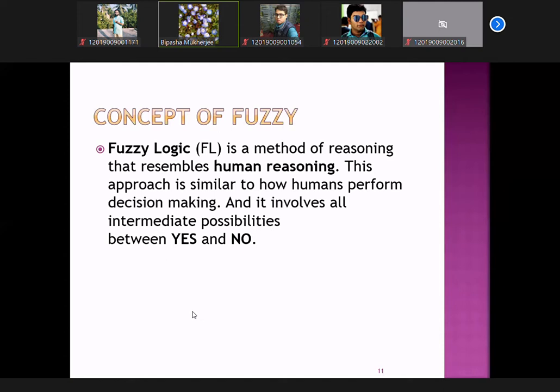See, when we studied fuzzy logic during student life, one popular example teachers used was, say there is a cup of water or maybe juice.